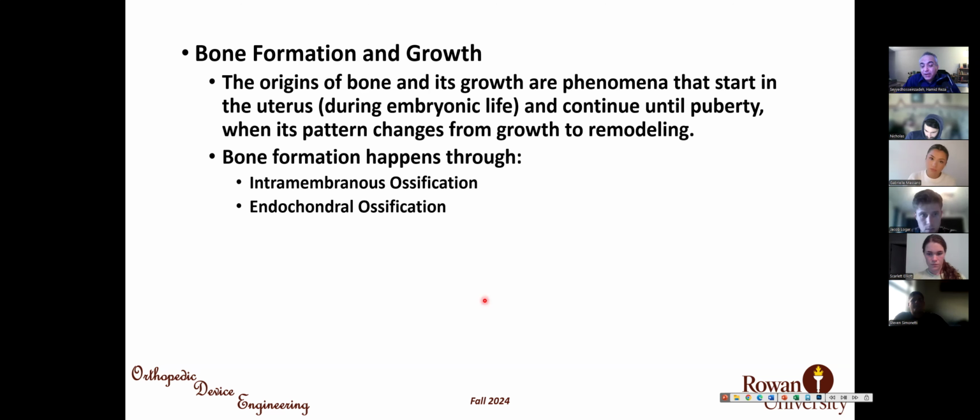After that, new bone is not formed normally in the body. After puberty, the bones remain the same. The only thing that changes in the bone after puberty is its density, its content, not the shape.